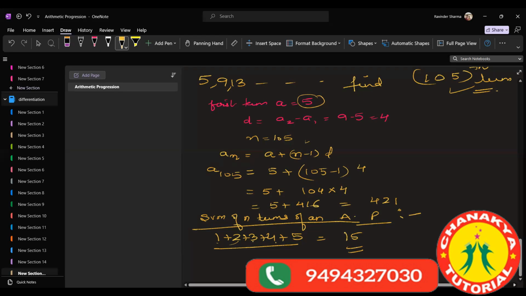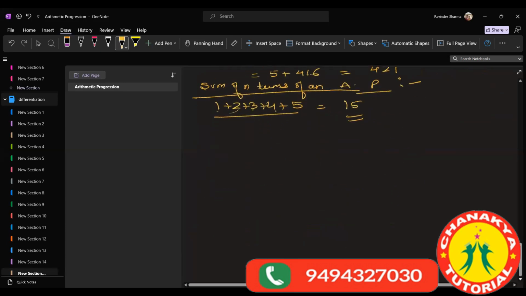And suppose we have to find the sum of 100 terms.